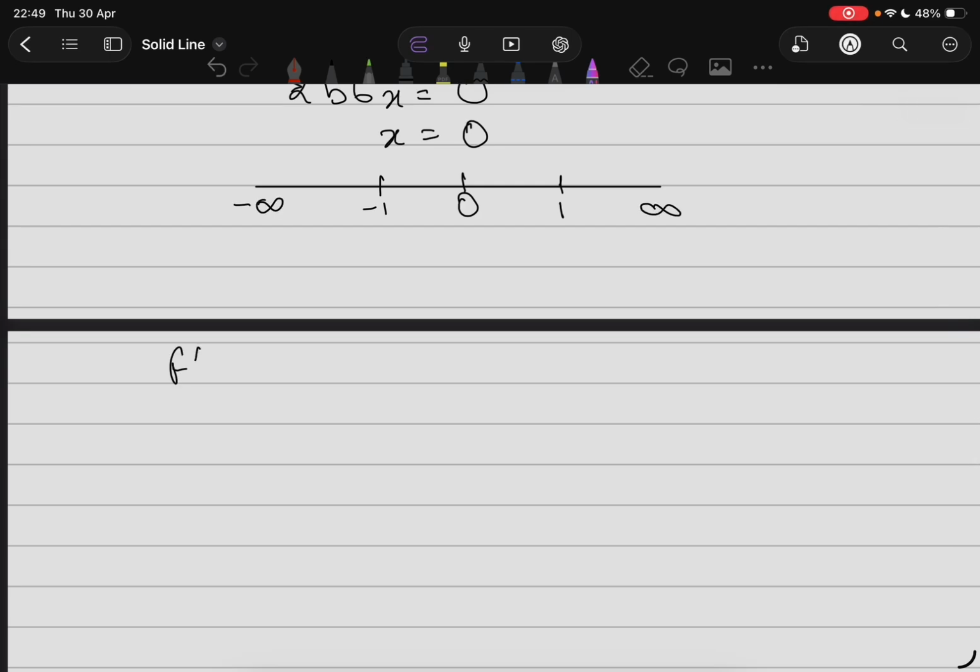We're gonna plug in -1 into the second derivative. So it's gonna be negative. And then f of 1 is gonna be positive.